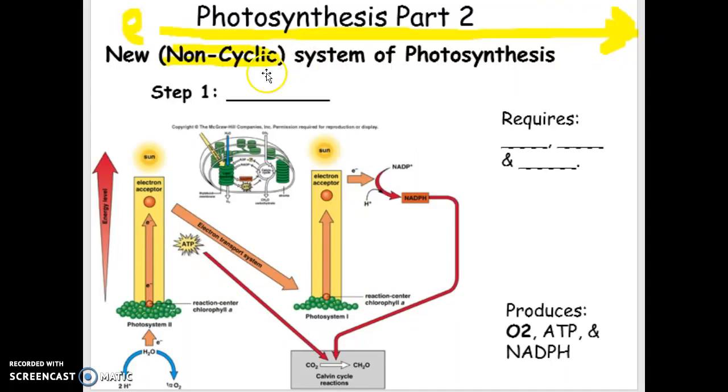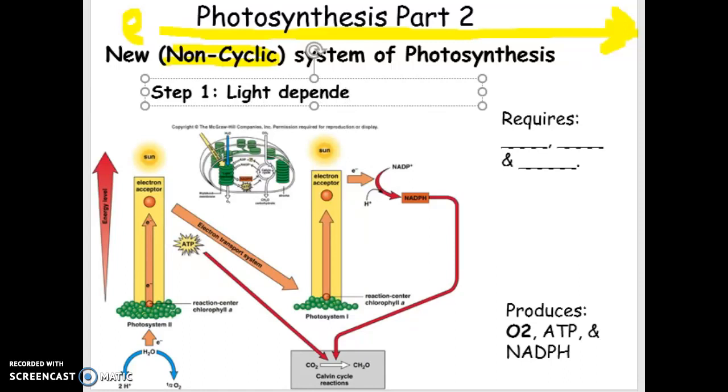All right? So it involves two steps. Step 1 is called the light-dependent reaction. Now this is going to take place in the pigment, specifically those little things called the grana.